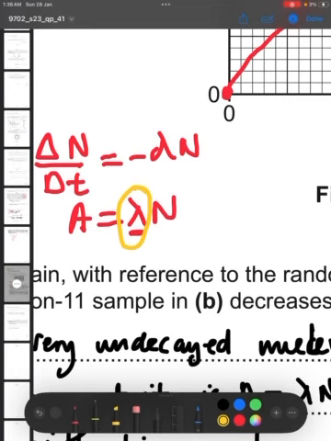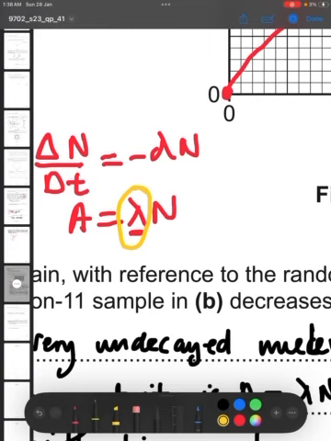The first time you toss it, it has a 50-50 chance. The second time you toss it, a 50-50 chance of getting a head. Third time you toss it, a 50-50 chance of getting a head. It's random. So this is the same thing with lambda, the decay constant, which is the probability of decay of a nucleus per unit time. It's the same for every nucleus, and it's also a constant.